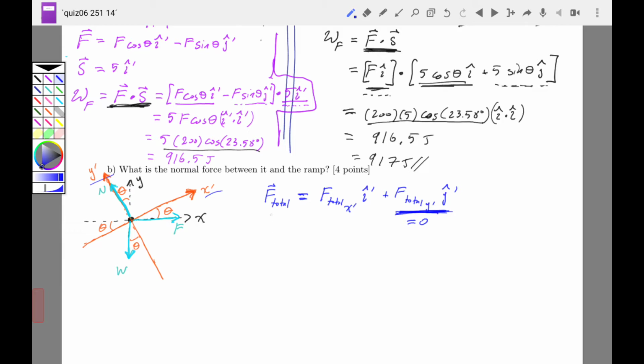So when we add all the forces to get the total force, the normal force plus the applied force plus gravitational force, we need the y prime component to be zero. So let's do the x components first, just because.